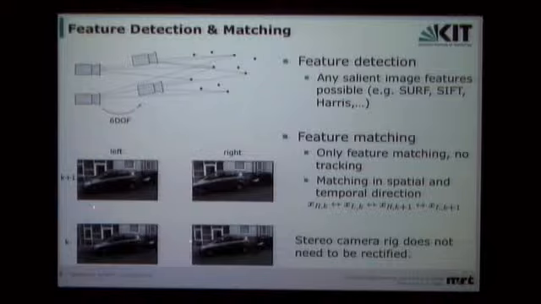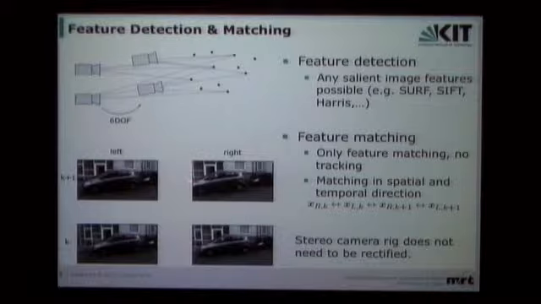So here at the bottom, you can see these two stereo frames captured at these two time steps. This is the stereo image pair that is recorded here, and this is the next stereo camera frame that is captured here.